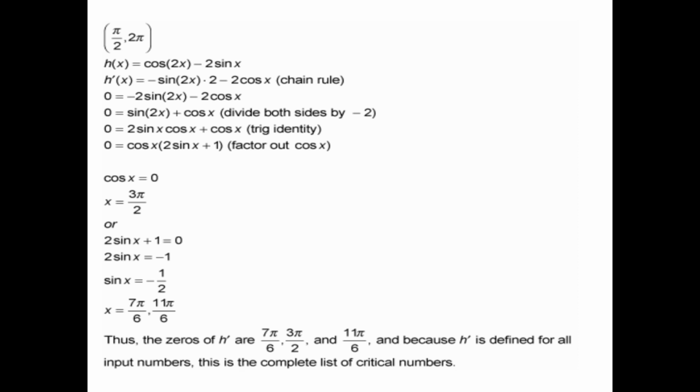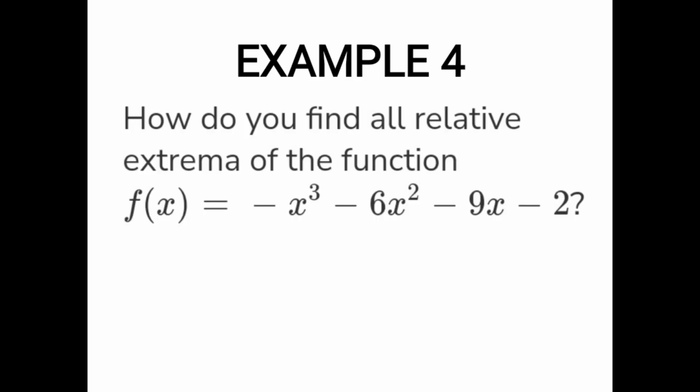Since sine is negative in the third and fourth quadrants, we have that x equals 7 pi over 6 and x equals 11 pi over 6. Thus, the zeros of h prime are 7 pi over 6, 3 pi over 2, and 11 pi over 6. These are the critical points.